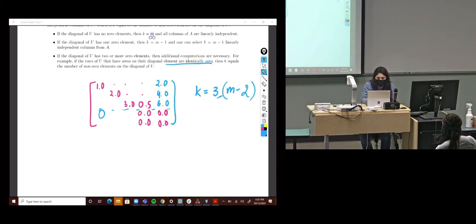Now, there might be cases when this will not be true. So you'll have something like this becomes, say, 1.0. And then you have to check for linear independence.